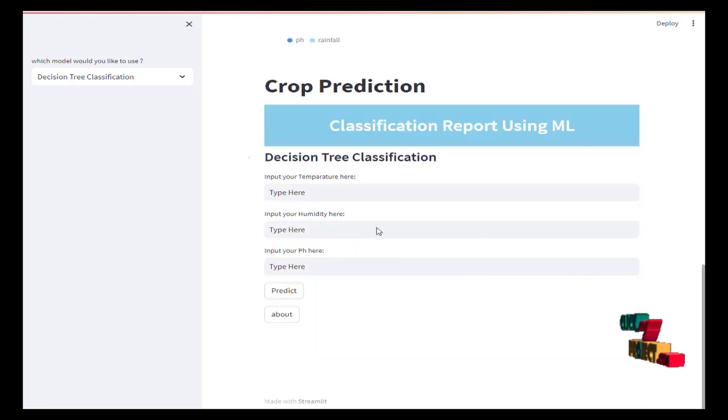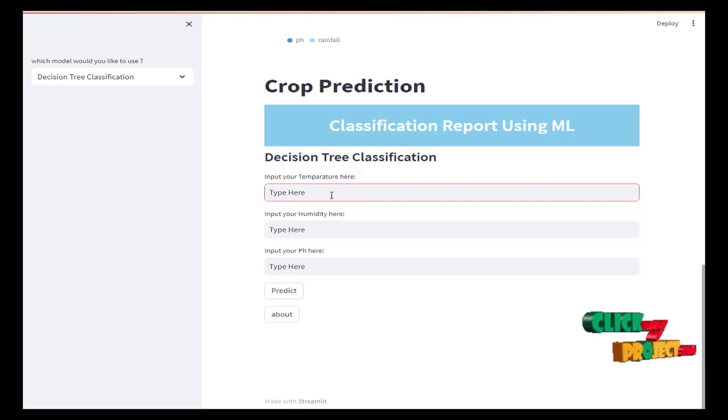This is our crop prediction. By using the decision tree, we have to enter some input.